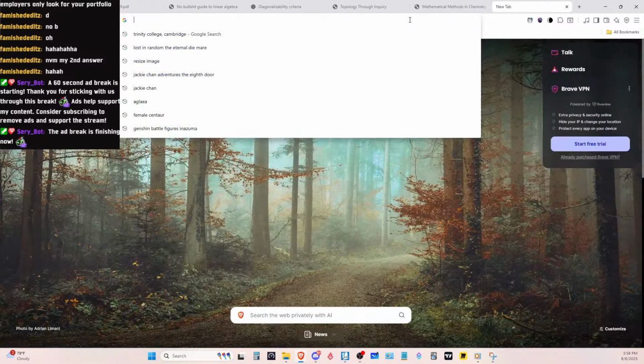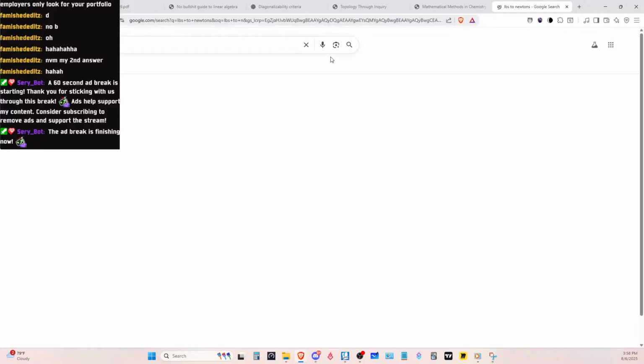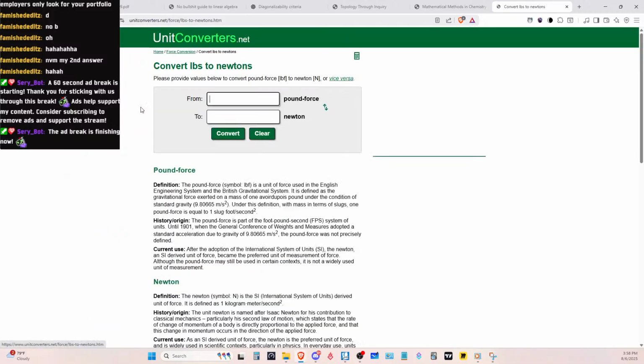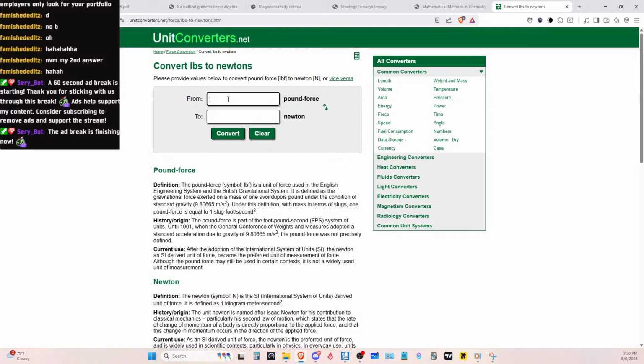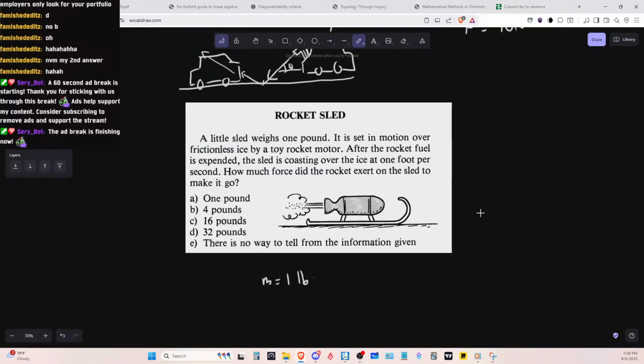So, pounds to newtons. Wow, 4.44. 4.5 newtons.